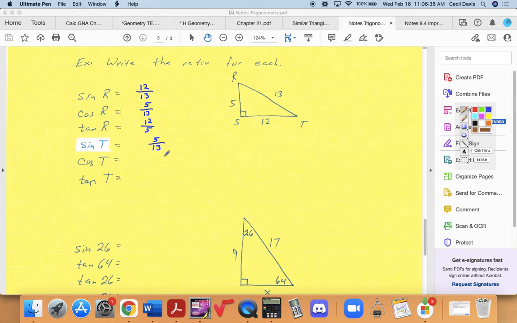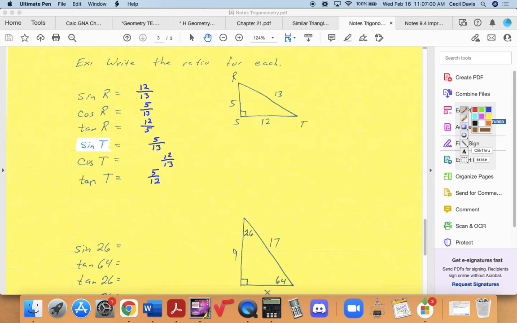So that's 12 over 13. And tangent is the opposite leg over the adjacent leg, 5 over 12. Any questions about that?